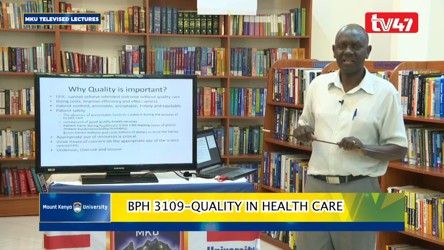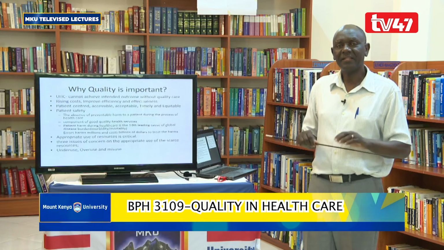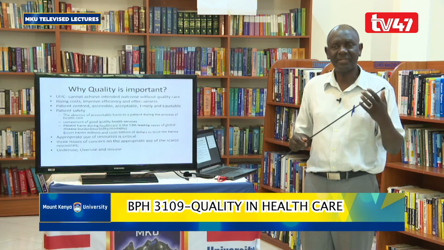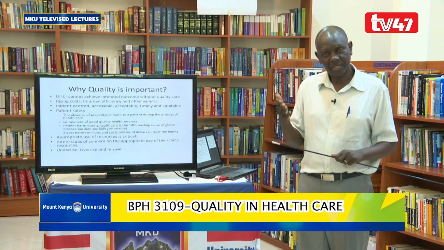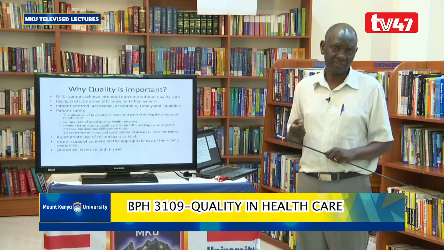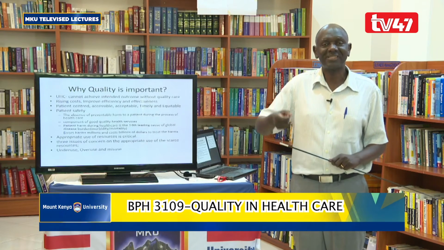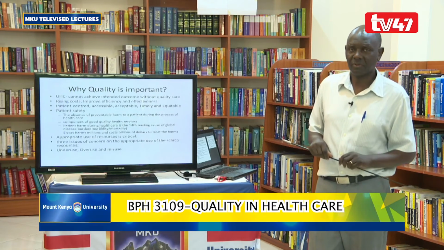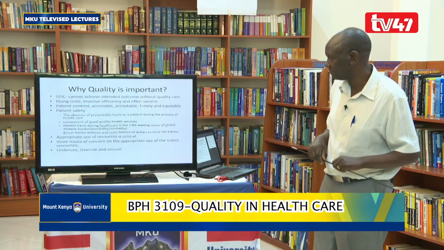I gave the example on malaria: if a patient comes, he has malaria, we have made the diagnosis, we know that that patient requires antimalarials, then we don't give those antimalarials at the health facility. That is underuse of resources.